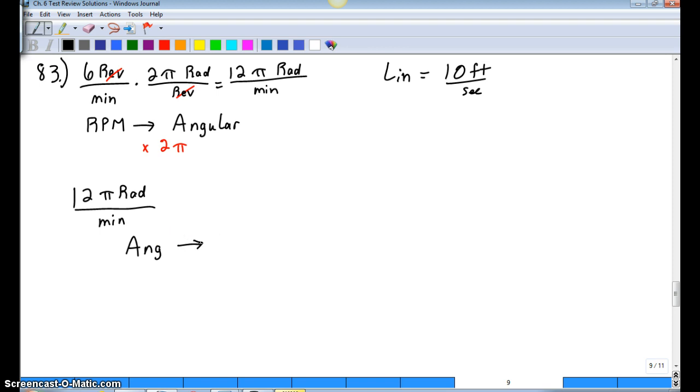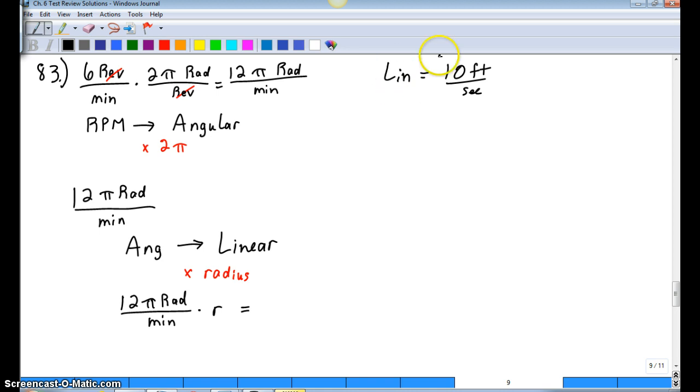Now the next step in most problems is, given the angular velocity, find the linear velocity. And to do that, you just multiply by your radius. So if you look at that, in this problem, 12 pi radians per minute times r would give us linear velocity.